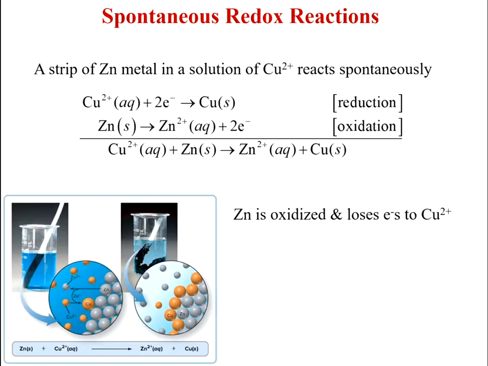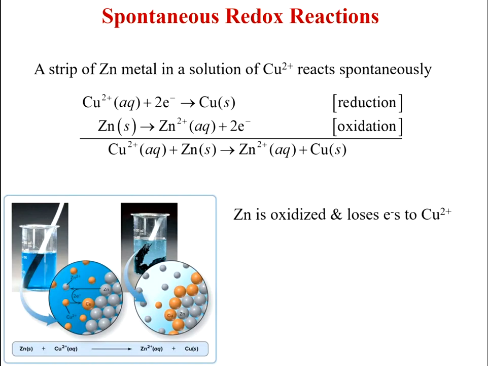Let's take a look at a spontaneous redox reaction. This is one that we might look at back in Chapter 4. So back in General Chemistry 1, we might take a strip of zinc metal and put it in a solution of copper 2.